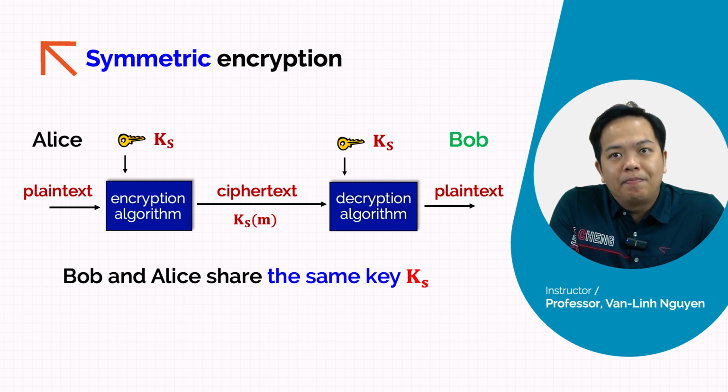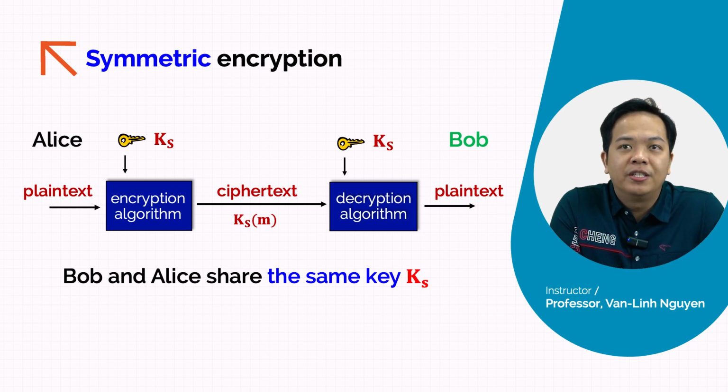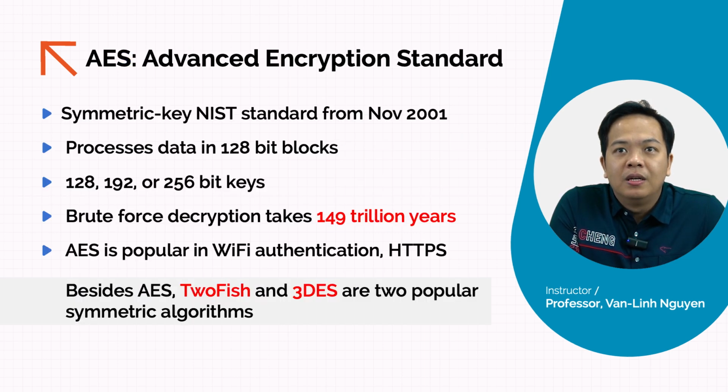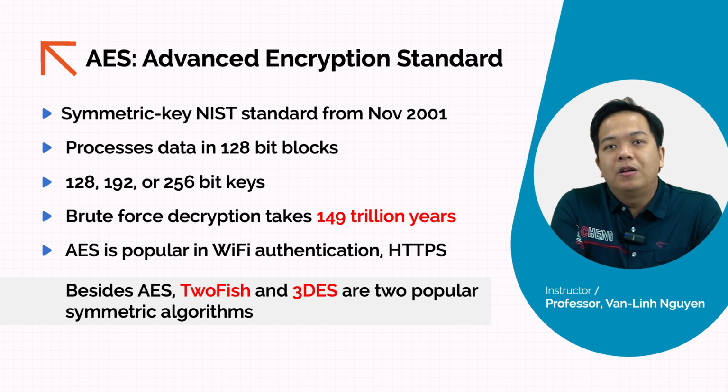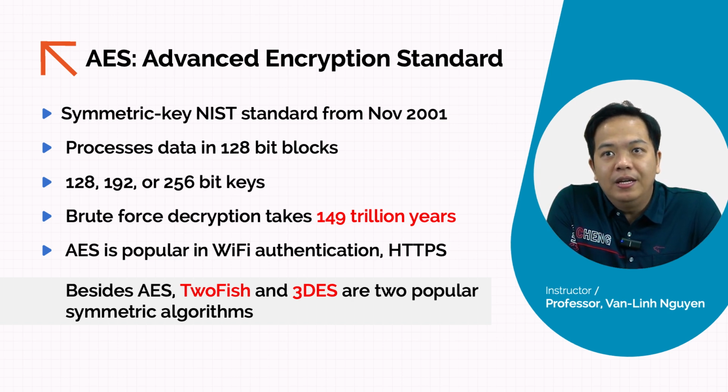But there is one big problem here: how to share the key through the internet. For Alice and Bob, that's a big challenge for symmetric encryption. One of the famous symmetric encryption algorithms is AES, the Advanced Encryption Standard.